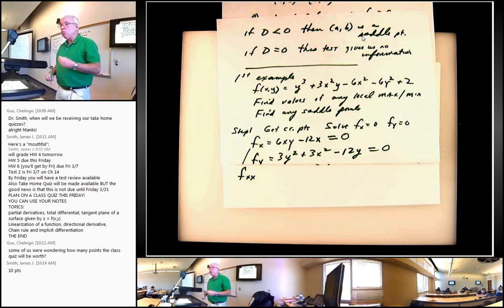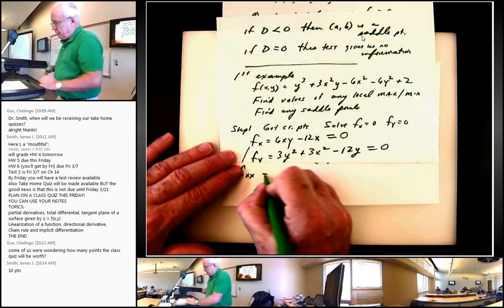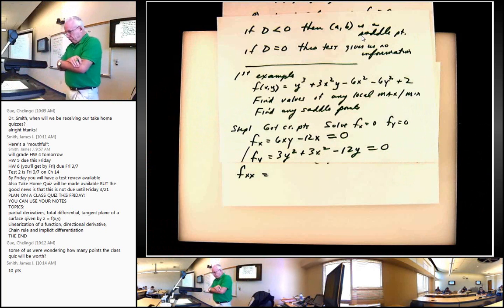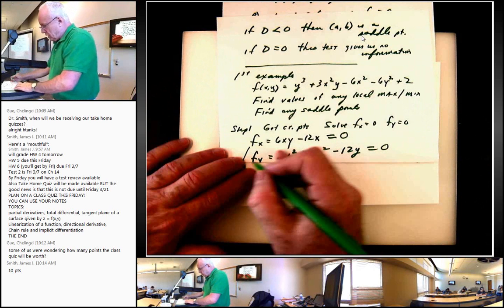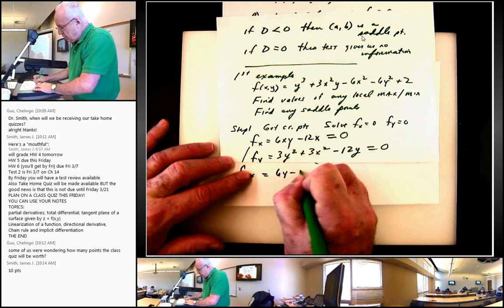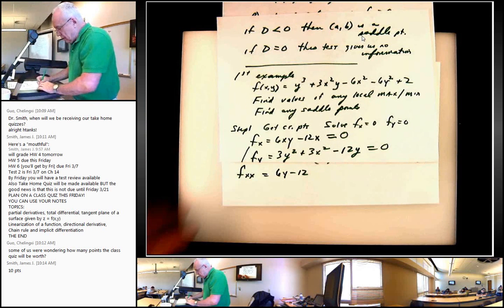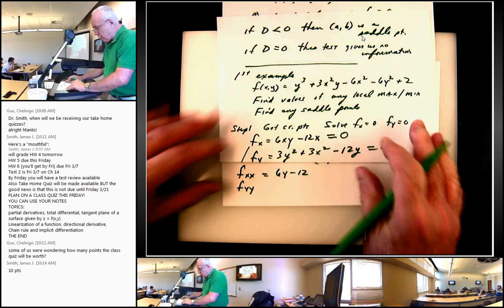Therefore, we're treating y like a constant. So what am I going to get here? I think I'm going to get 6y minus 12, aren't I? Because the x is going to go to a 1. So that's my fxx.